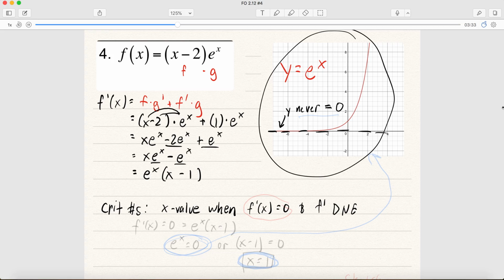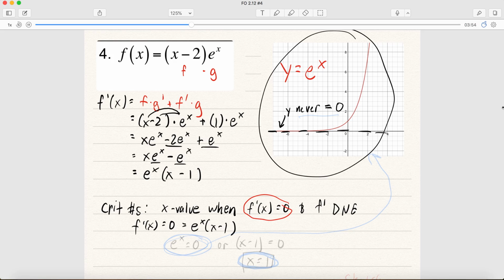In this case, only the derivative equals 0 matters because there are no times where it doesn't exist. So let's talk about when the derivative is equal to 0. So all I do is I'll set my derivative equal to 0, and my derivative is actually e to the x times x minus 1, and I try solving it.